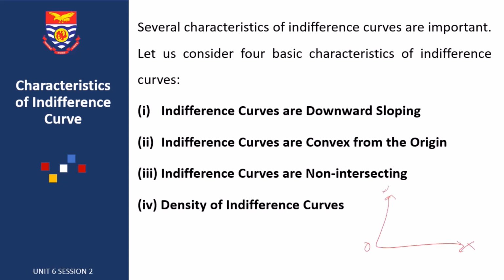As viewed from the origin, a downward sloping curve can be concave, that is bowed outward, or convex, bowed inward. Do you know that a concave curve has an increasing slope as one moves down the curve, while a convex curve has a diminishing slope as one moves down it?